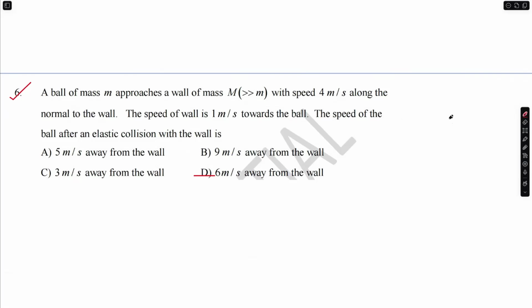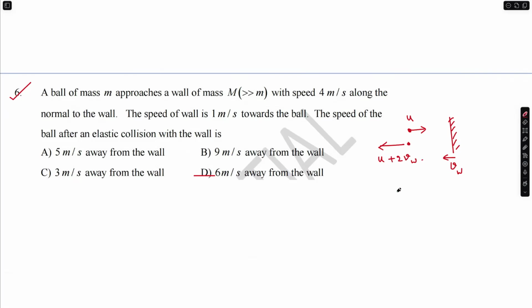You know, if a wall-like object moves with VW, and an object strikes with the speed u, after bouncing back it moves with a speed u plus 2VW. You know this. Otherwise, do the question in the reference frame of the wall. Before collision u, after collision u, because elastic. Wall is a very heavy one.